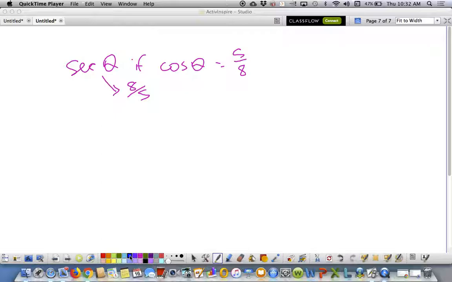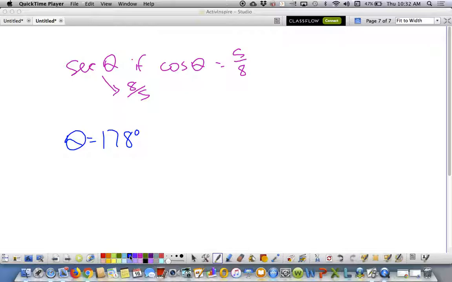If you have an angle that is 178 degrees, if your theta is 178 degrees, what are the signs, positive or negative, for all your trig functions? First off, which quadrant are you in?